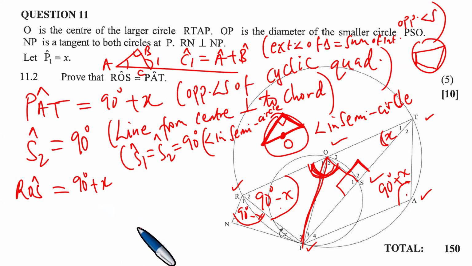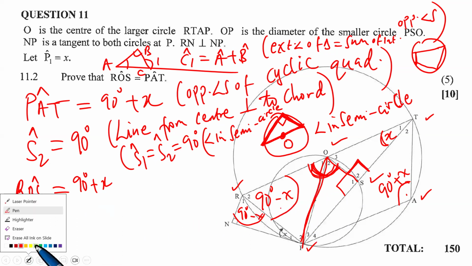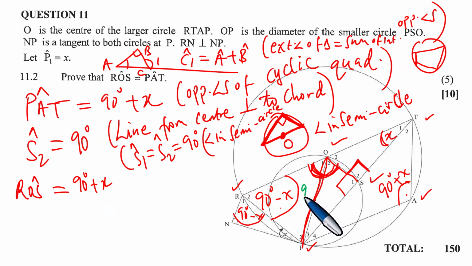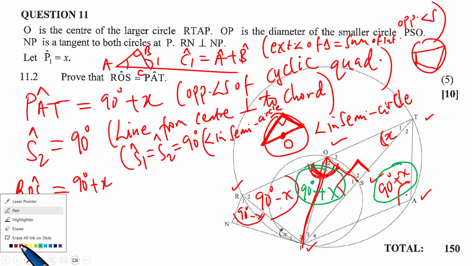Let us think now together. If this angle ROS is 90 degrees plus X, then angle PAT is also 90 degrees plus X. What is happening here?